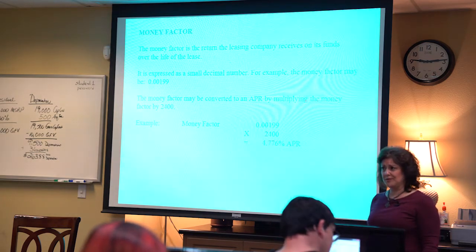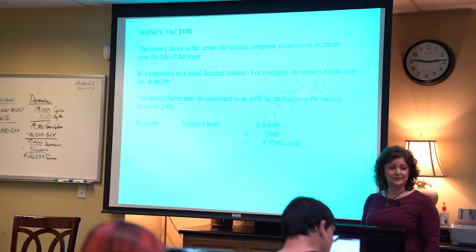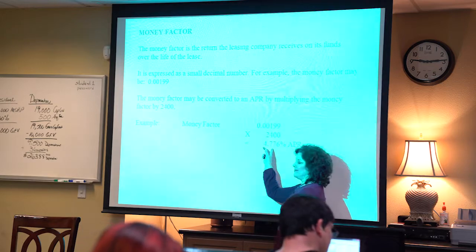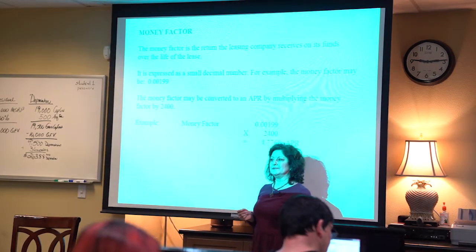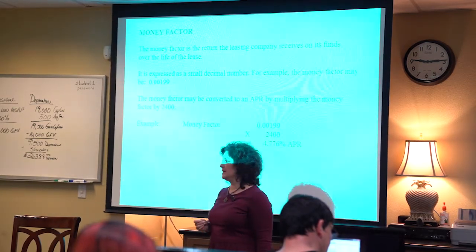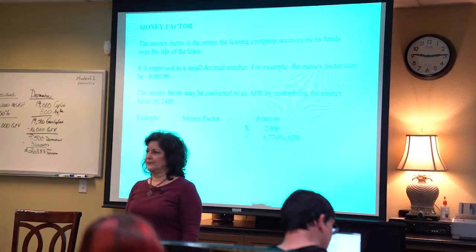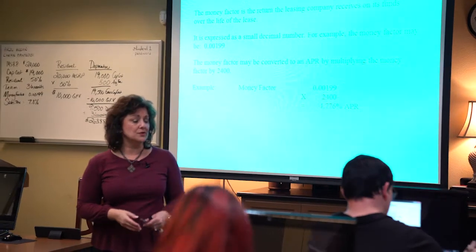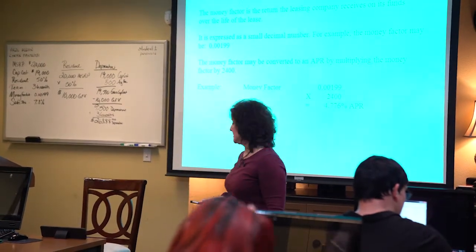Always use 2,400. It's been converted for you. It will give you an APR of 4.77, not quite 4.8% interest, just for you to know.